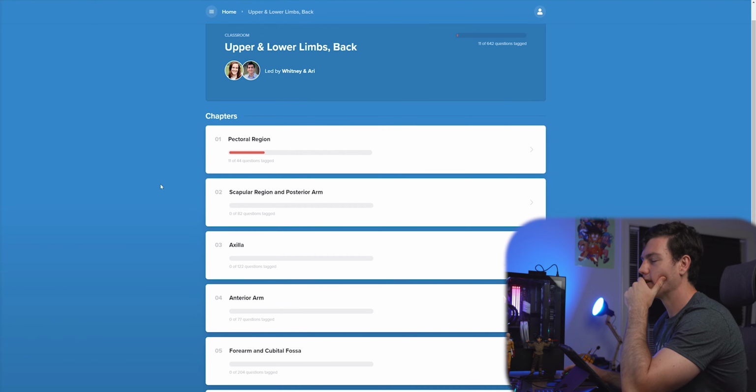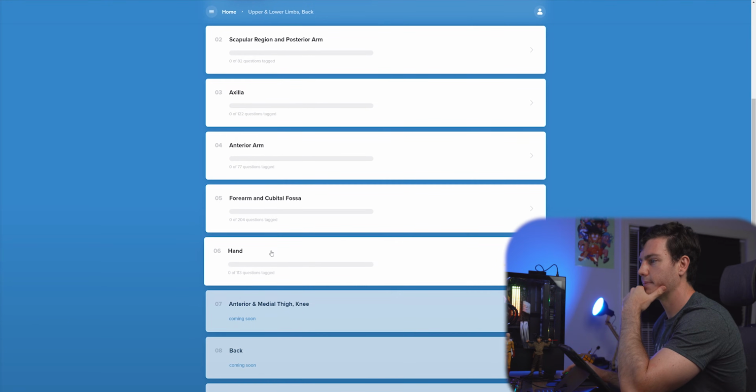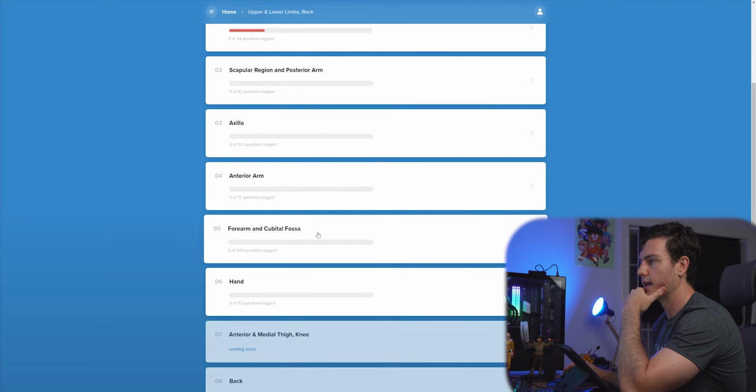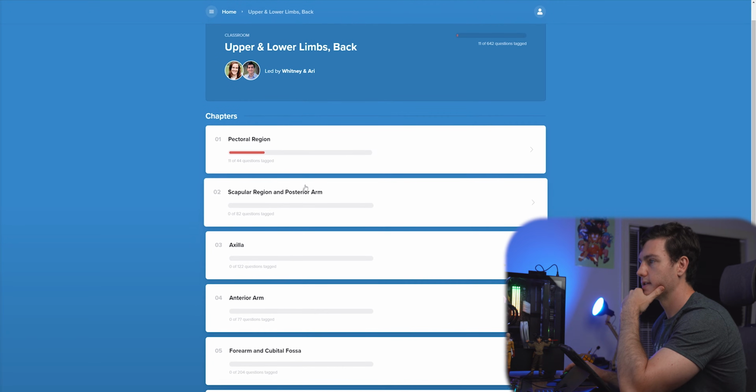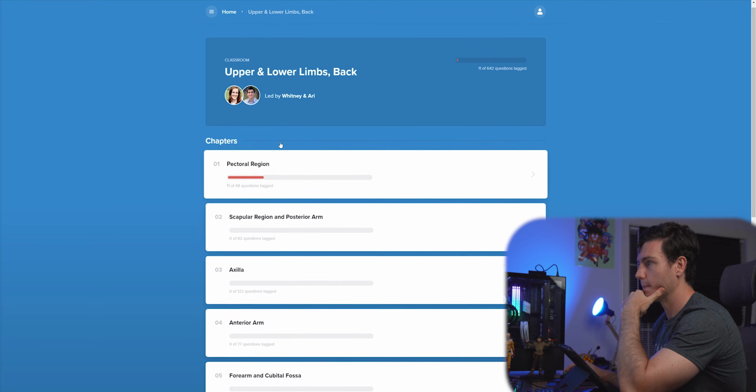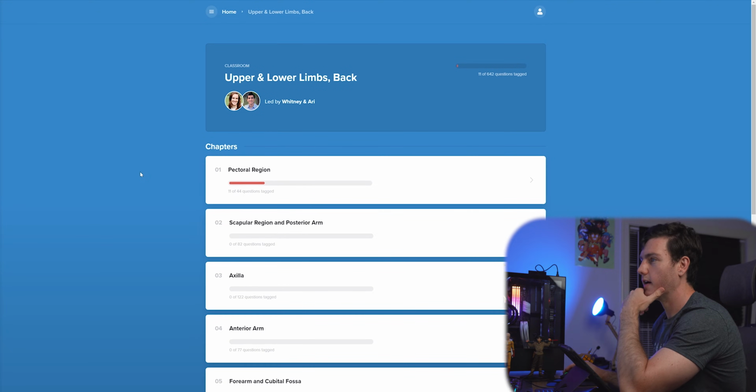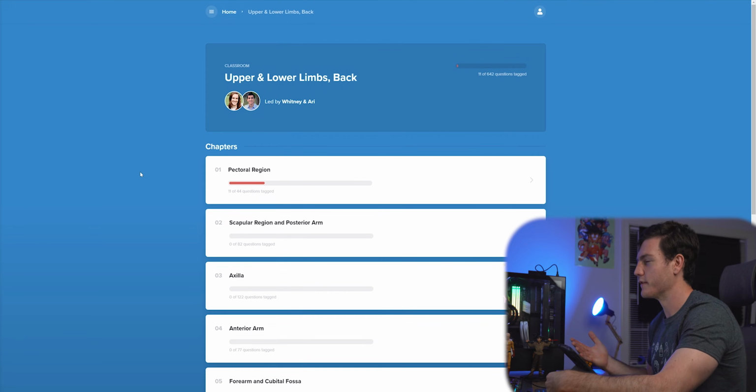Here we have different chapters: the hand, the forearm and cubital fossa, anterior arm, axilla, scapular region, and posterior arm, and the pectoral region. So I'm just going to go with you through what this looks like.